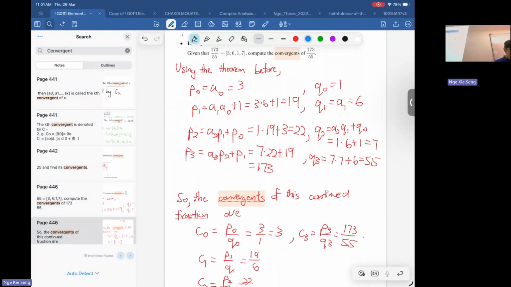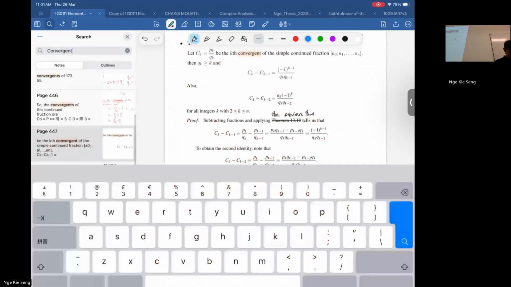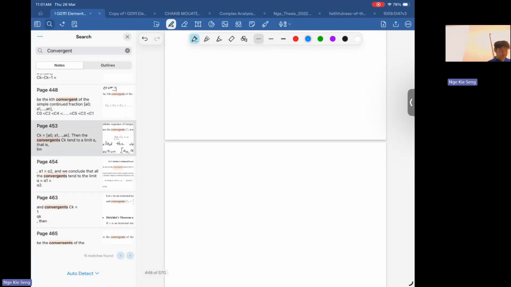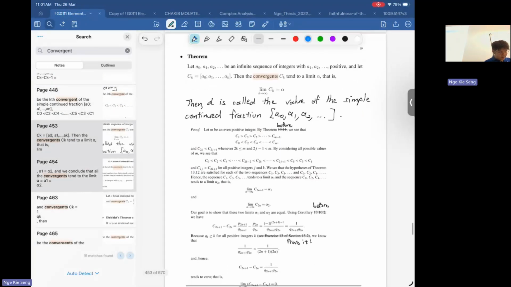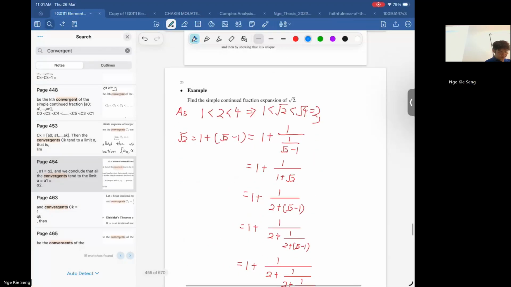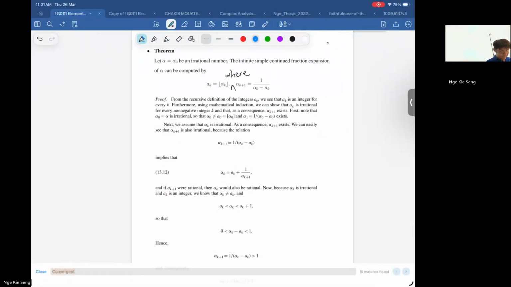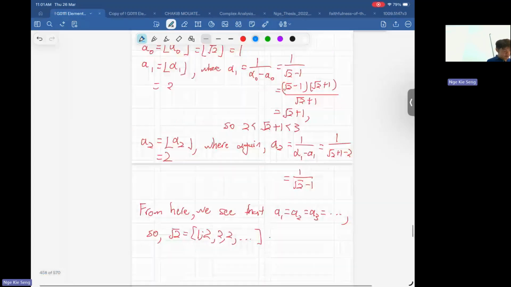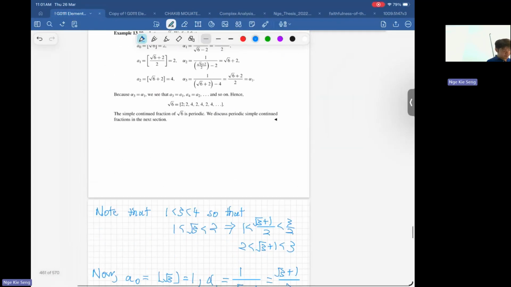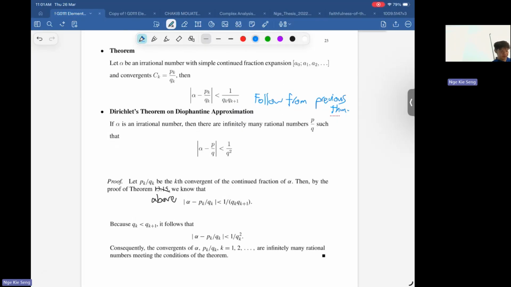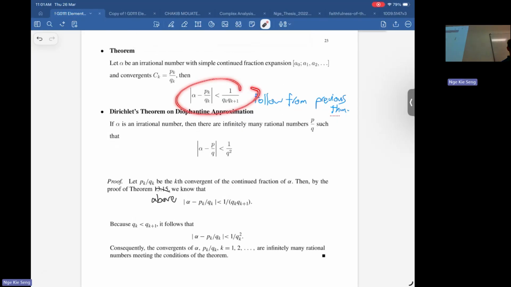Is this enough? No, you want a rational approximation. Let's see.